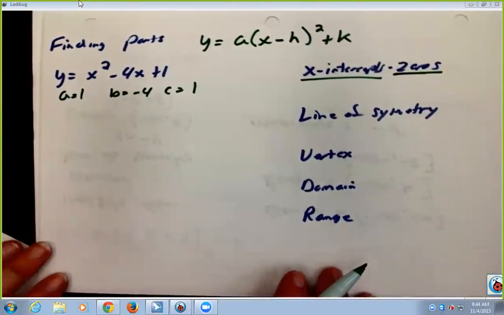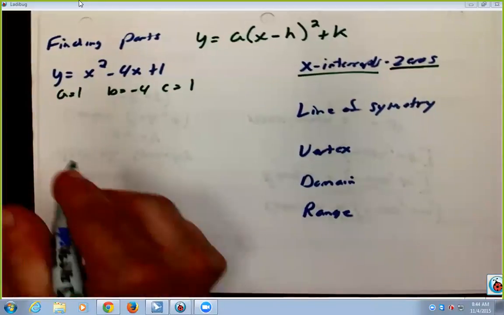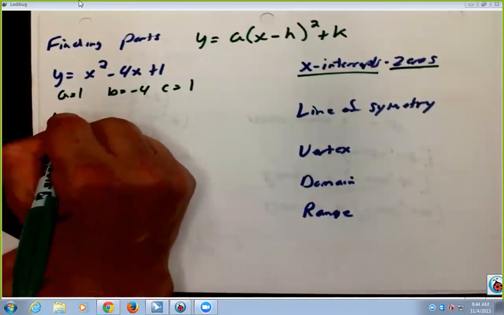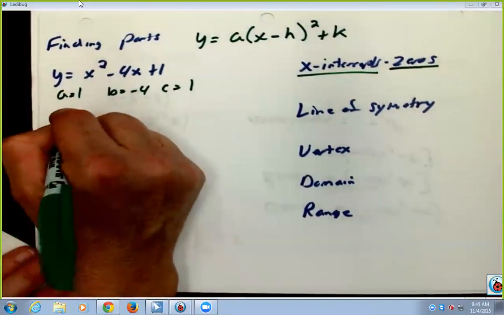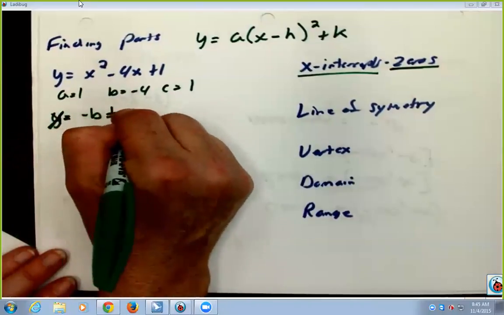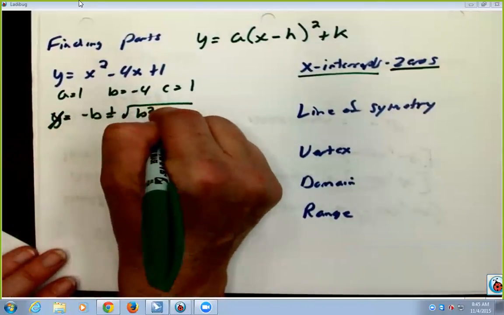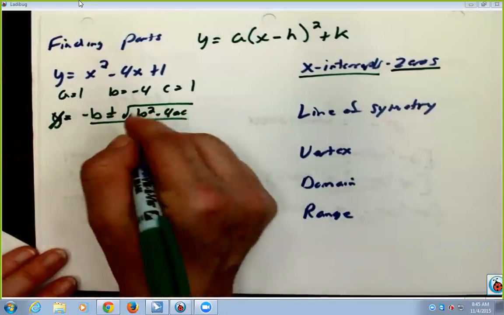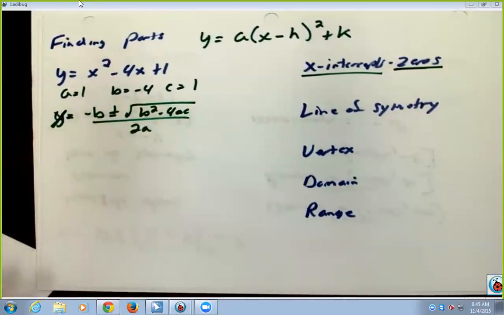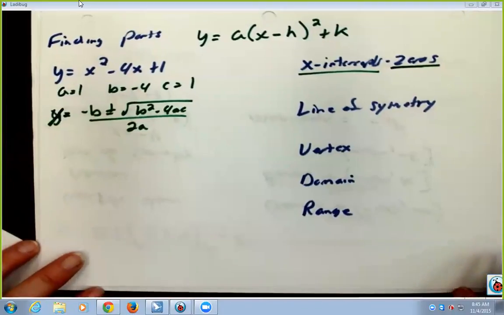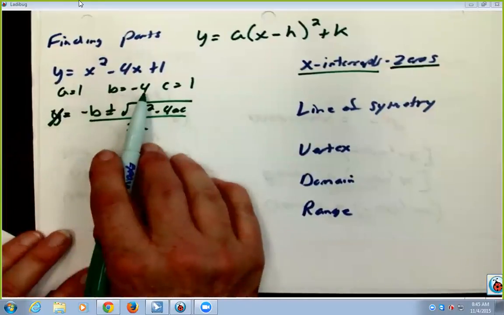Then I need to use my quadratic formula. That is x = (-b ± √(b^2 - 4ac)) / 2a, and calculate out what my x-intercepts or my zeros would be. So let's go through and do that. Let's see if we can figure out what we got here.